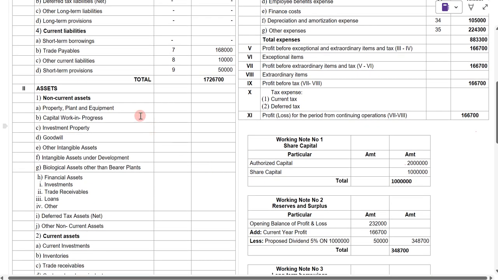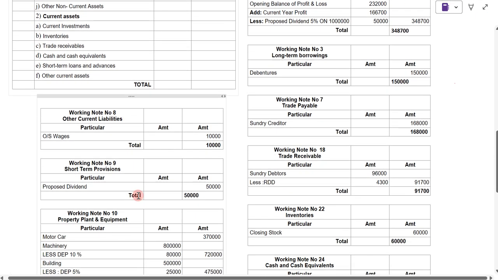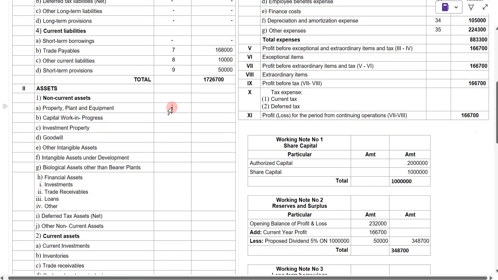Now next we will write the assets. In the assets, first is property, plant and equipment. We have prepared the note for property, plant and equipment, note number 10. Total is 15 lakh 65,000.